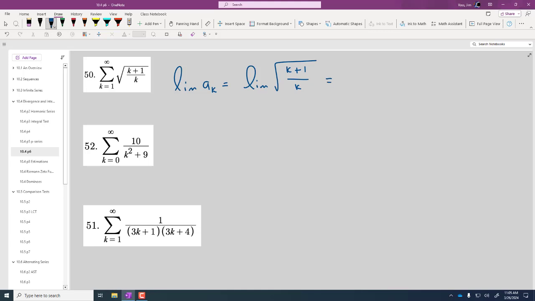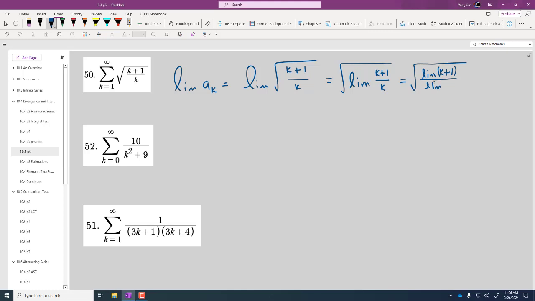If we wanted to be really precise, you could push the limit inside. We never write this step down, but that's what's happening. The square root function is continuous, so the square root can go in. Then this is the limit of the numerator over the limit of the denominator.